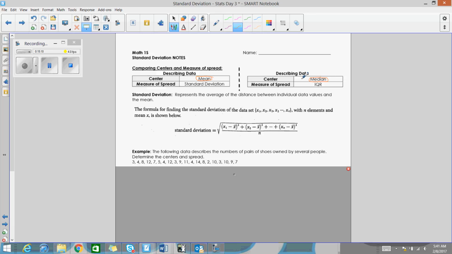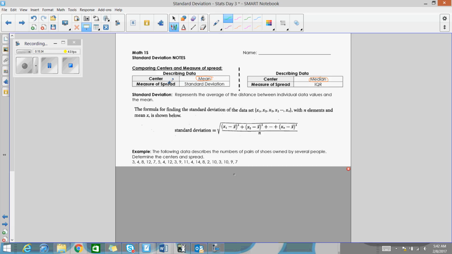When we deal with data, you are given both, your calculator will find you both, but you only use one or the other. And we're going to talk about when you use one or the other when I come back.